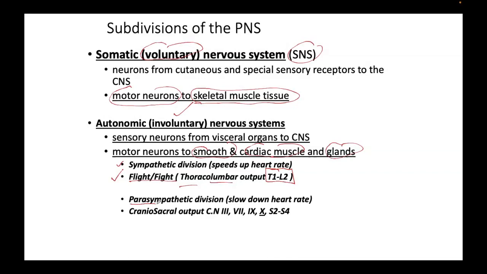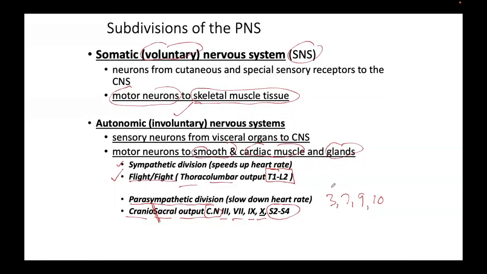The parasympathetic, on the other hand, is called the craniosacral outflow or craniosacral output. So there's two divisions here, a cranial division and a sacral division. The sacral division is S2 to S4, and the cranial division are cranial nerves 3, 7, 9, and 10.